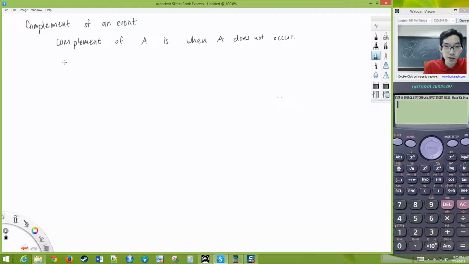So if A is the coin lands heads, the complement of A would then be what? The coin does not land heads.